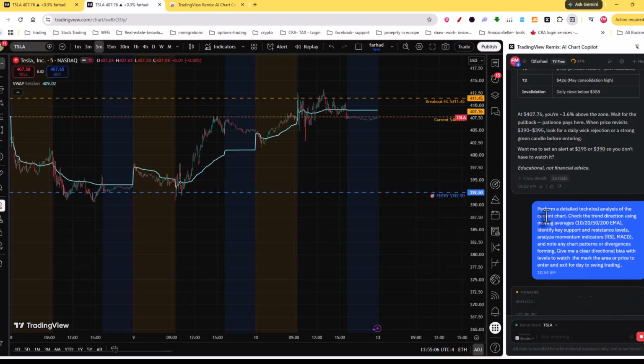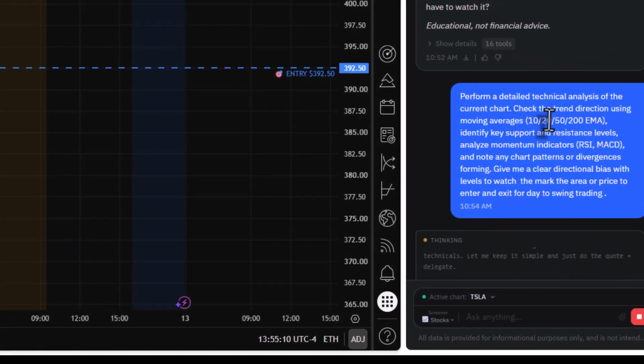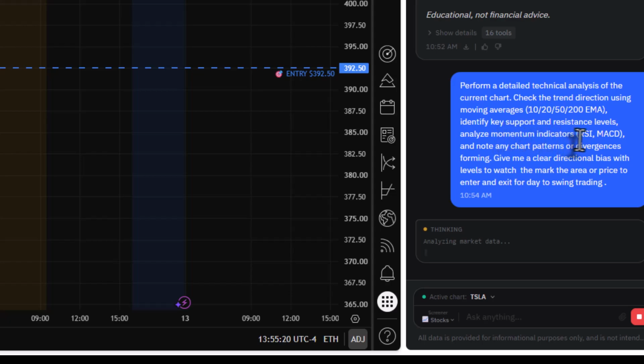This is my question: perform a detailed technical analysis of the current chart. Check the trend direction using the 10, 20, 50, 200 EMA. Identify key support and resistance levels. Analyze the momentum indicators, RSI, MACD, and note any chart pattern or divergence for me. Give me a clear directional bias with the levels to watch.